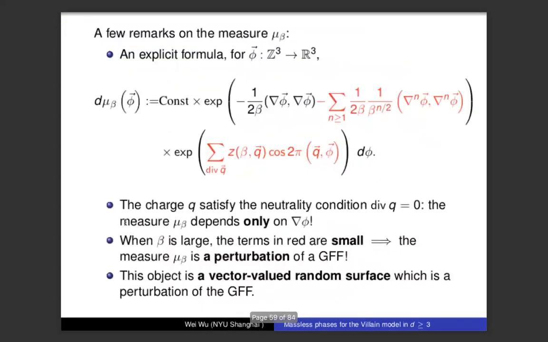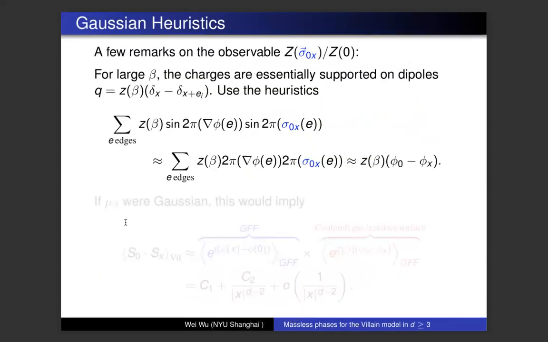It looks complicated, but for a back of the envelope computation, one can make some assumptions. The first thing is, when beta is large, we know the Qs would favor nearest neighbor dipoles. If we assume every Q is concentrated on dipoles, you can simplify this observable.